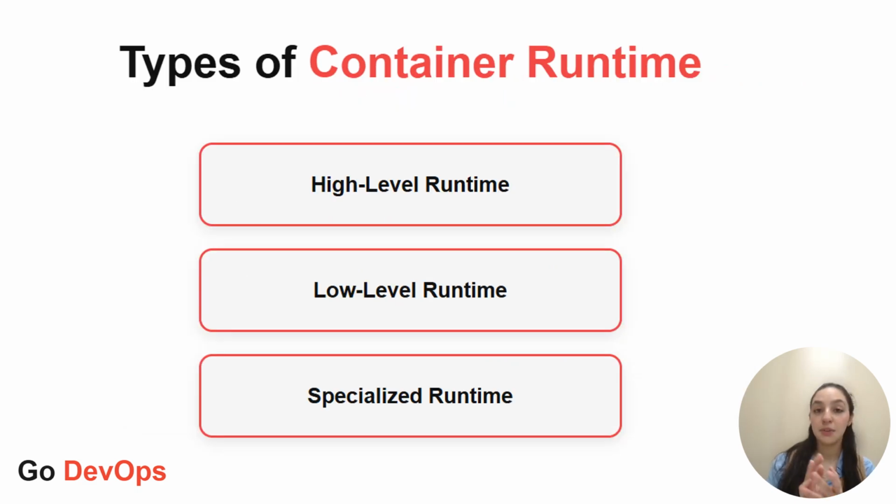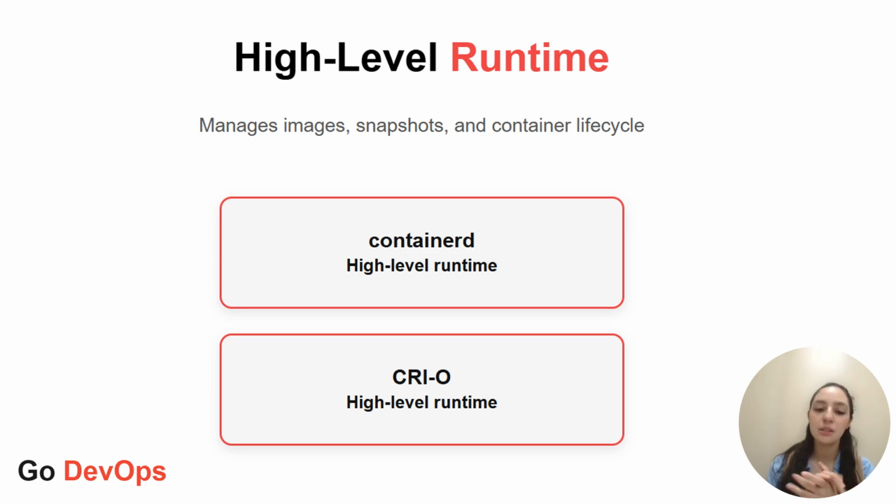There are three types of container runtime, and we'll be starting with the high-level container runtime. Here we have two examples. And they actually act as the main coordinators between high-level tools such as the Docker daemon and Kubernetes, and the low-level runtime that actually creates and runs container processes. So in Docker's case, we have containerd, and it's used internally by the Docker daemon to manage containers and images.